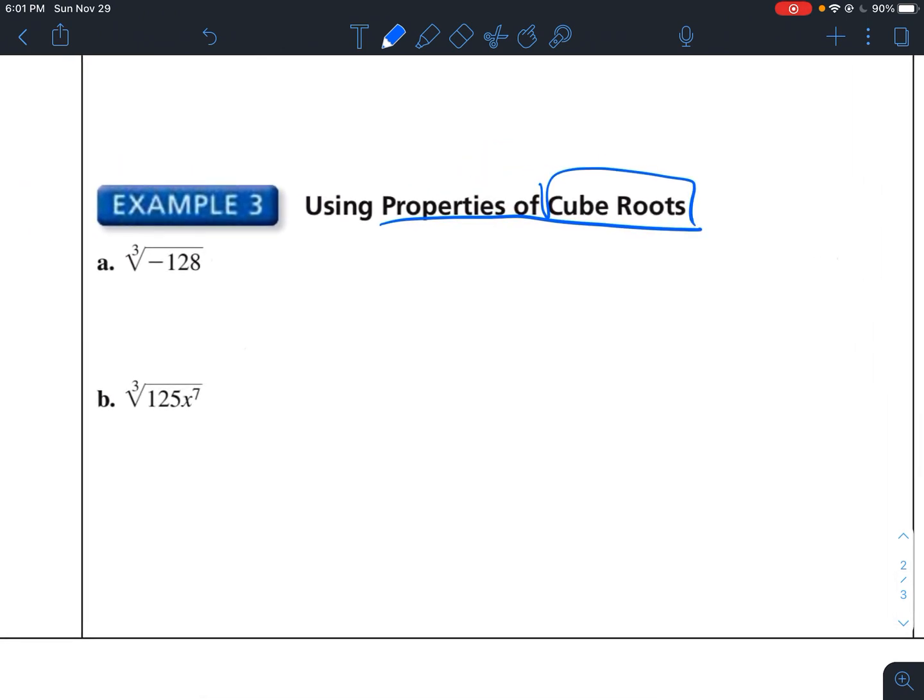Okay, so we have a cubed root of negative 128. So basically what we're trying to think is, is there a number multiplied by itself 3 times that equals 128? So can we simplify this? The cubed root of, let's see, 128.